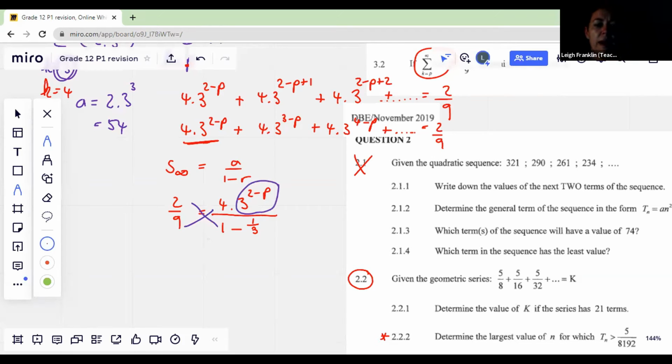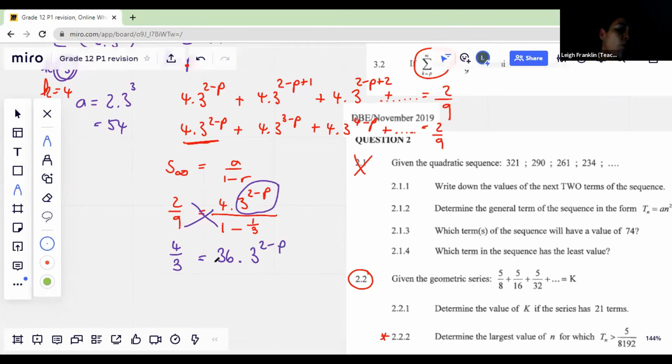So when we cross multiply, what are we going to end up with? So 1 minus a third is 2/3. So 2 times 2 over 3 leaves us with what on the left-hand side? Do you get 4 over 3? Yes, ma'am. Okay. Then on the right-hand side, 9 times 4 is going to leave us with 36 times 3 to the 2 minus p.